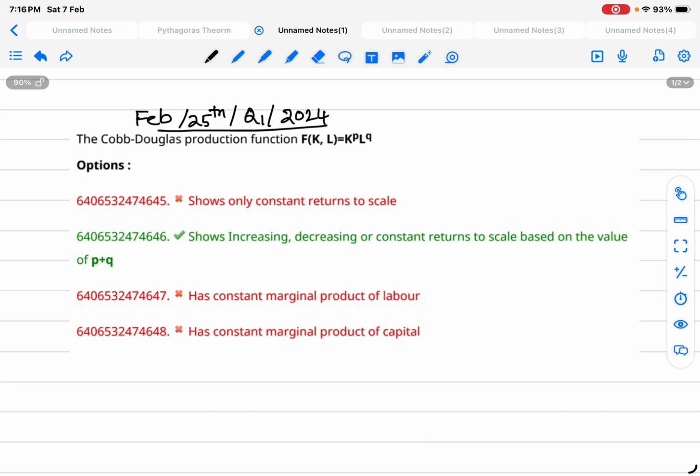So what is a Cobb-Douglas production function? The Cobb-Douglas production function looks like this. There are two inputs. On the x-axis is L, the labor, and K is the capital.